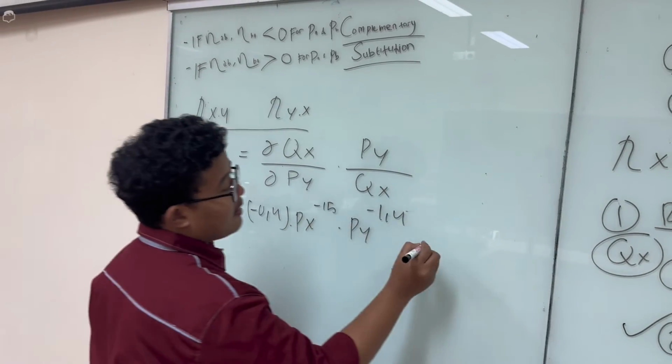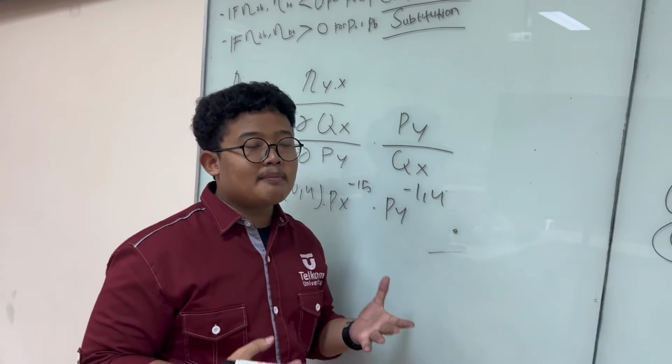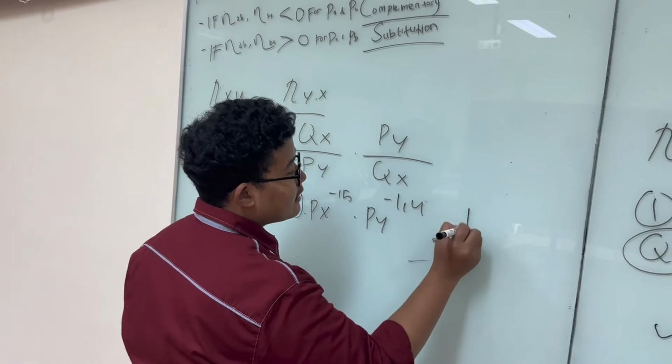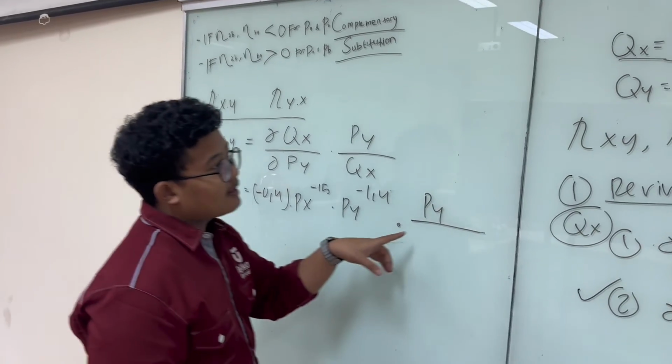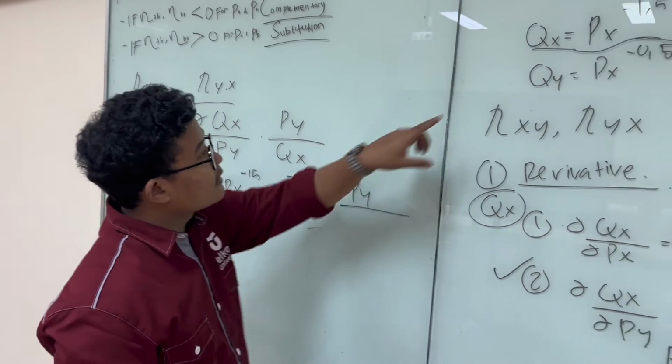Times py, because we don't have the value of py yet, so we just write it back, divided by quantity of x here.